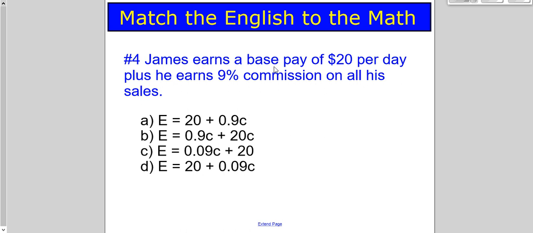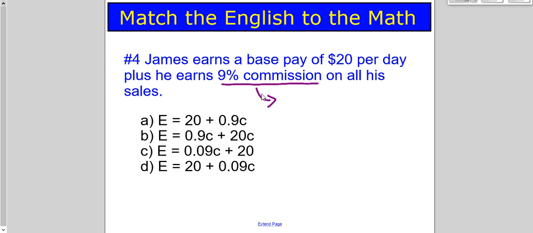James earns a base pay of $20 per day, plus he earns 9% commission on all his sales. So he's going to earn $20 per day no matter what. And then anything he makes some sales on, he's going to end up making 9% on his commission. Now, when we write equations, we want to change our percentages into a decimal. It can't be written as a percentage inside of an equation.